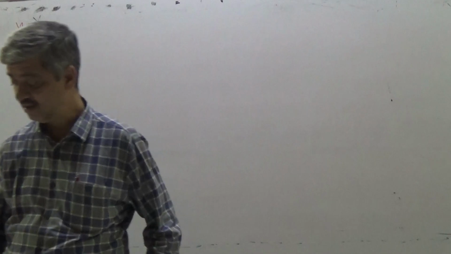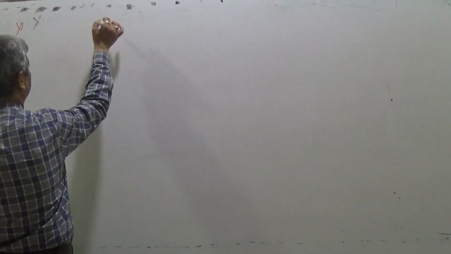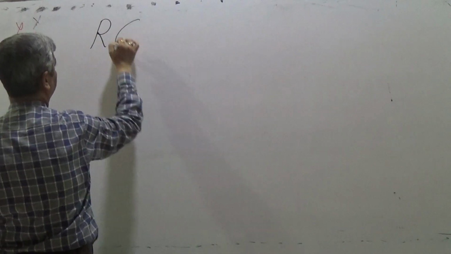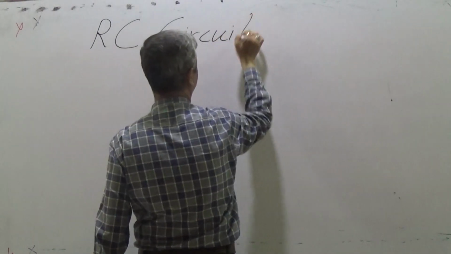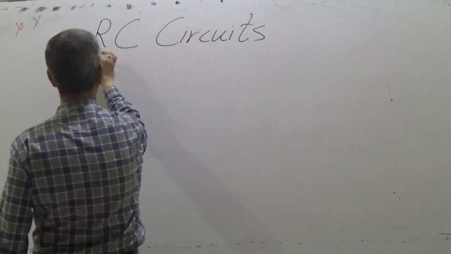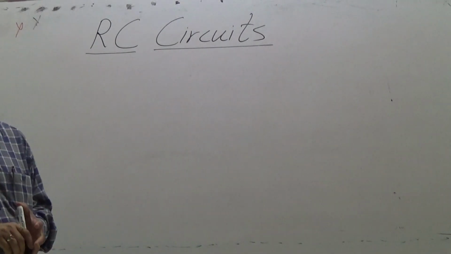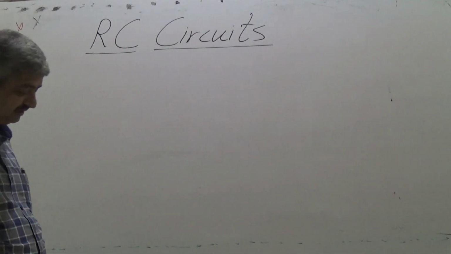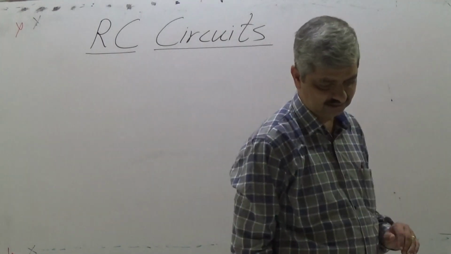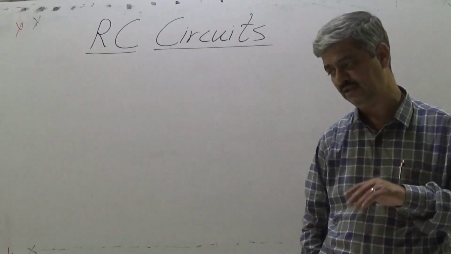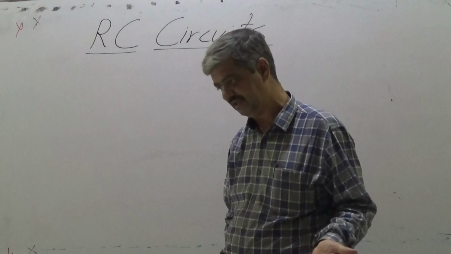Now we go for RC circuits, resistance capacitance circuits. Resistor and capacitor are there in the circuit, and we make various interconnections.